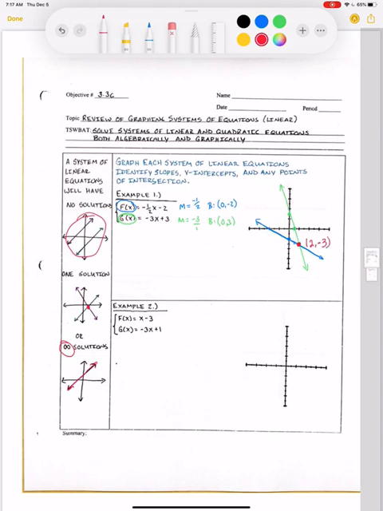Yep, to the right 2 and down 3. So that would be our point of intersection at 2, negative 3. So this would be a system with one solution.